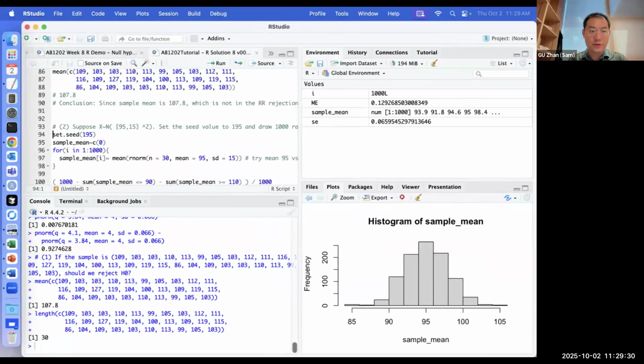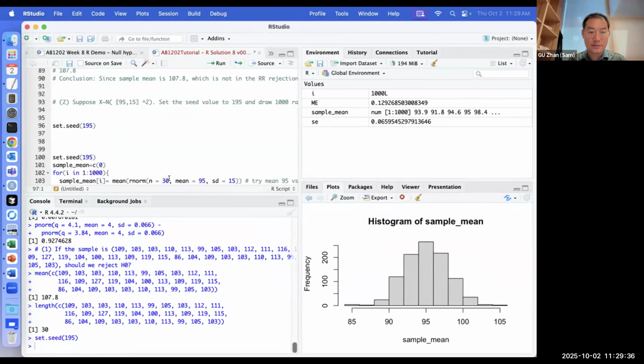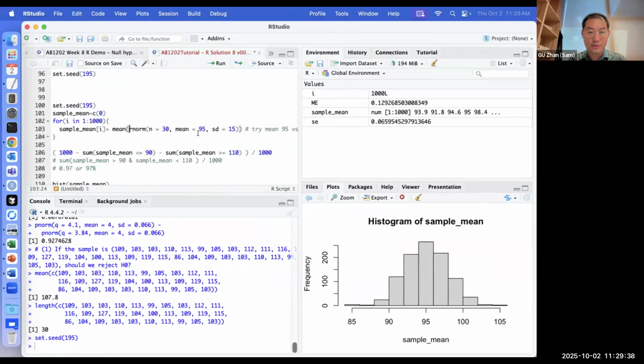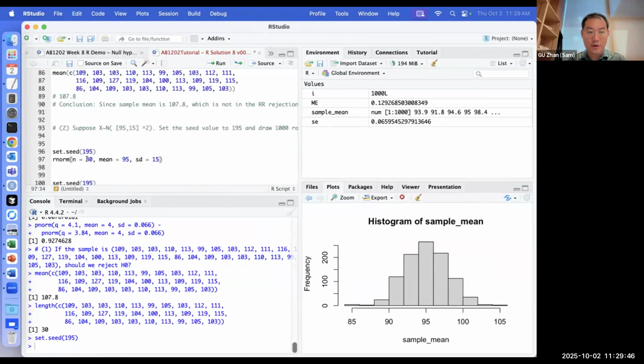Before we move on, let's set the seed and have a look at the population mean. We need n equal to 30. So I do a random sampling with mean equal to this and standard deviation equal to 15.